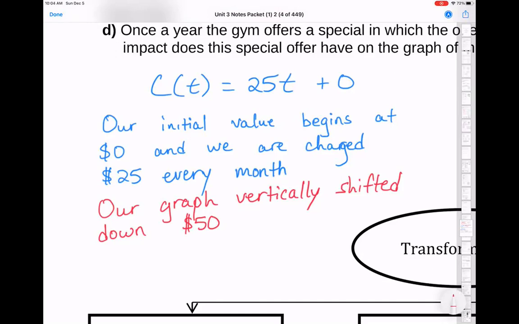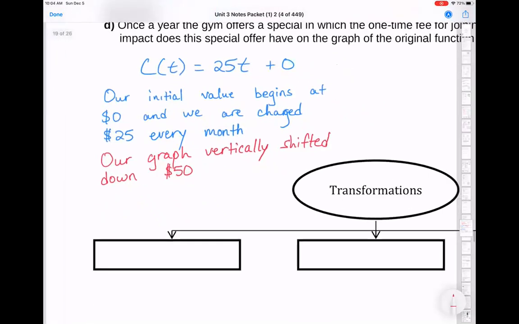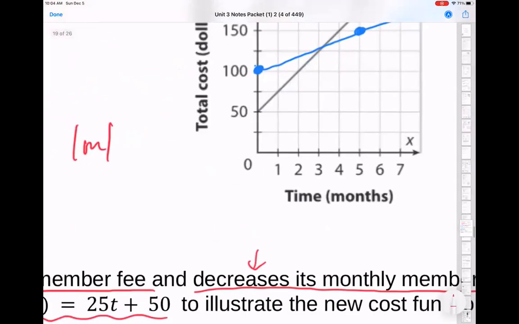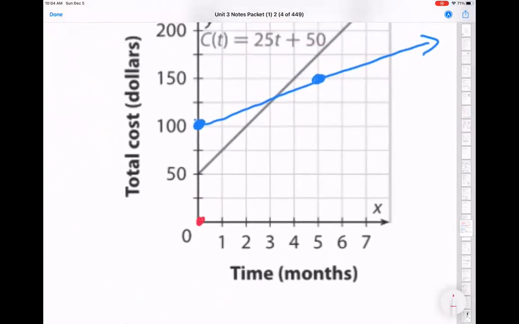Now, in terms of the transformations, there are 3 main linear transformations that we talk about. That first one is that vertical shift. Okay. And in question D, that was actually a very prime example of where we saw that vertical shift happen. So if this was our original graph and they waived the fee, well, your function would look something like this. Notice how the original line shifted down $50, right?